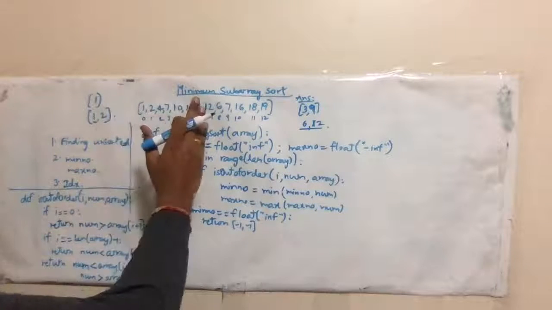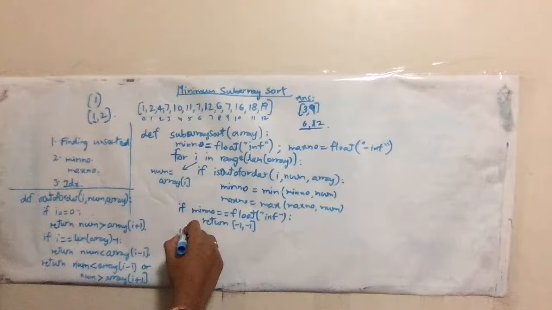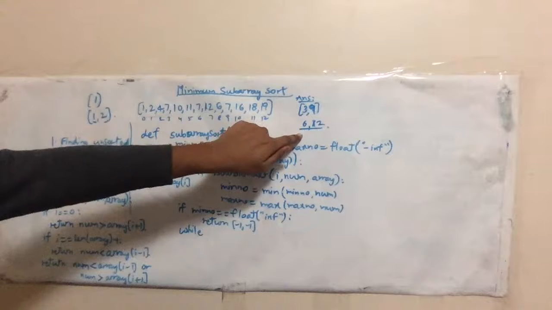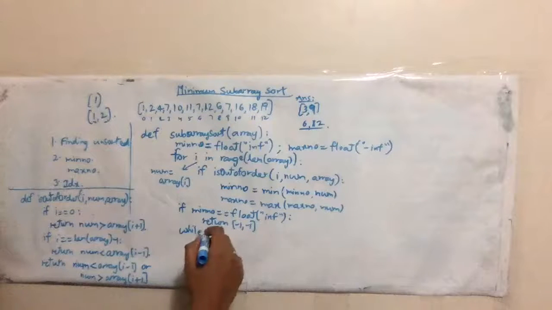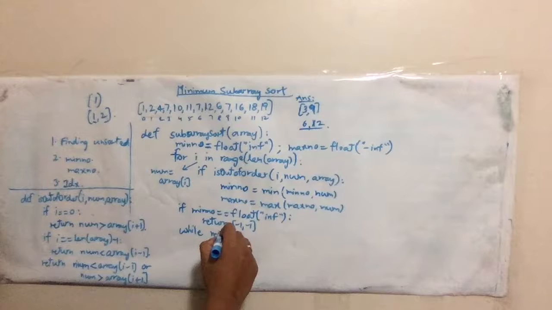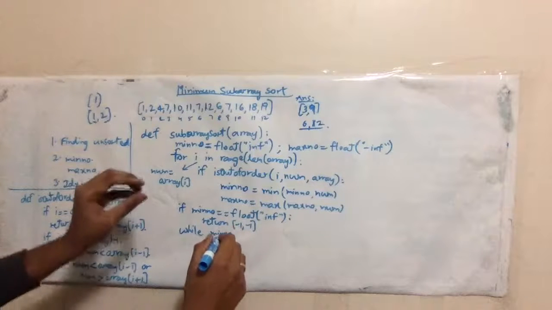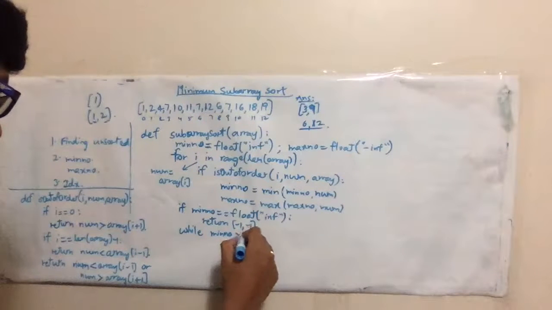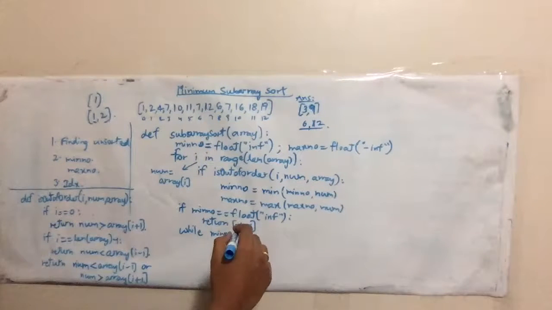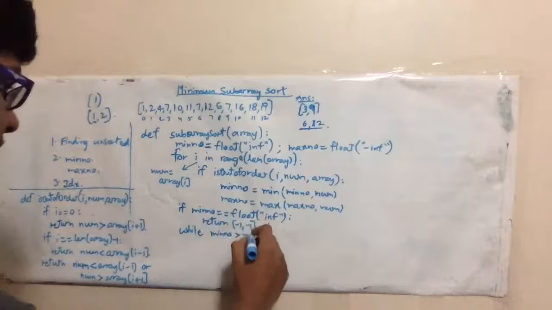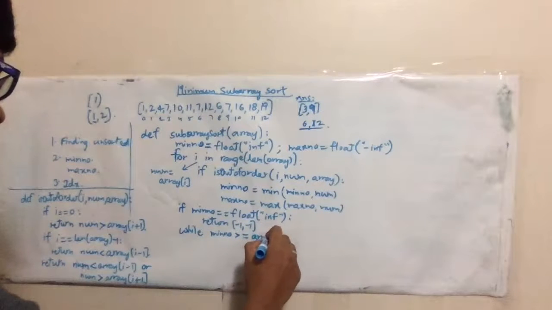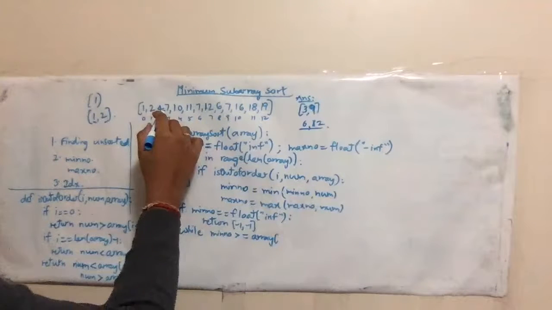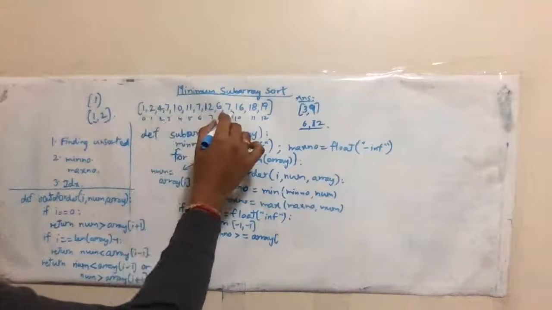So we need to find what is the position that we can keep here. So just iterate through the list through a while loop. While the minimum number is greater than or equal to the array of left, I will call this the left index, and this the right index.